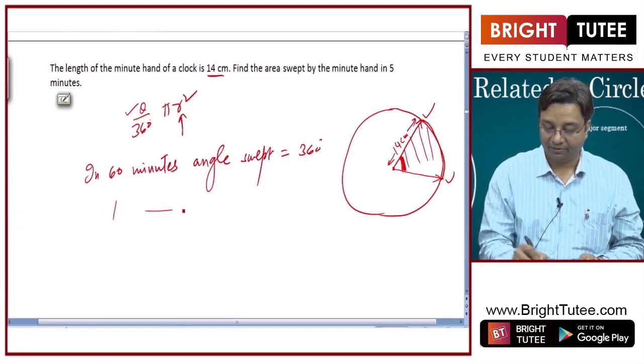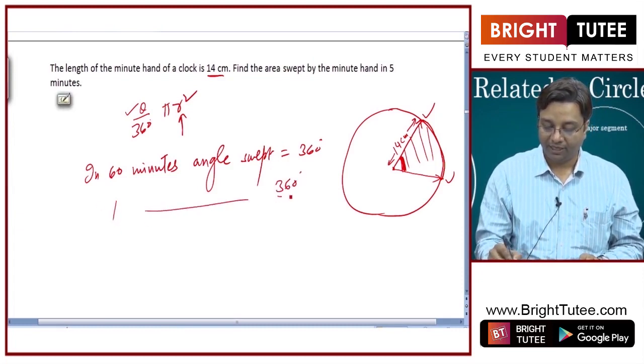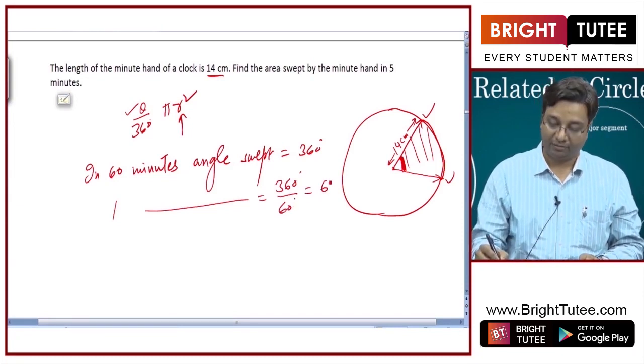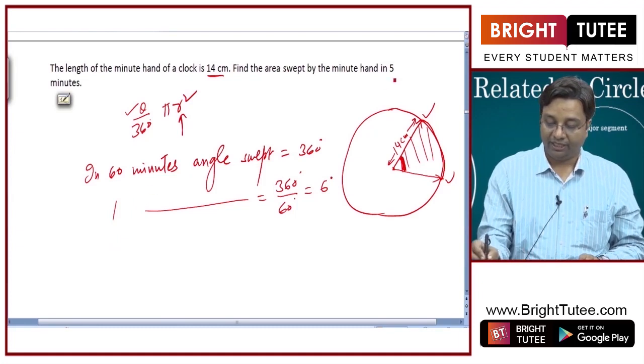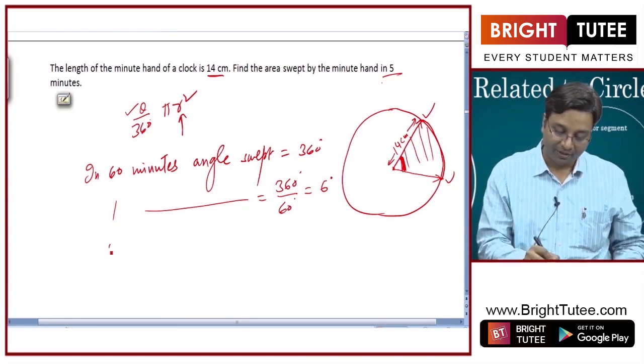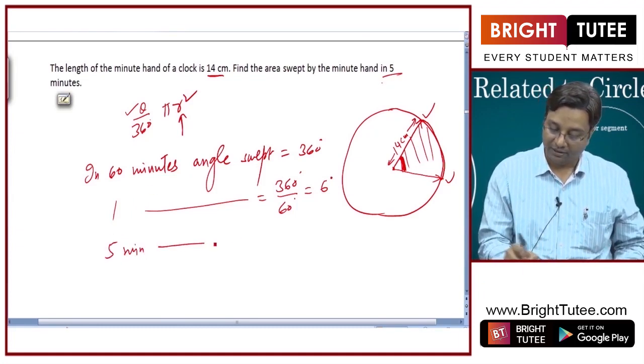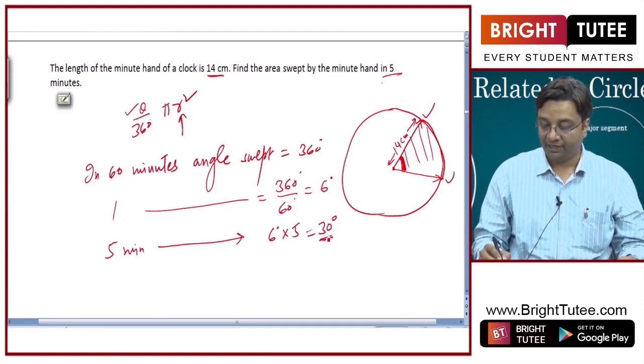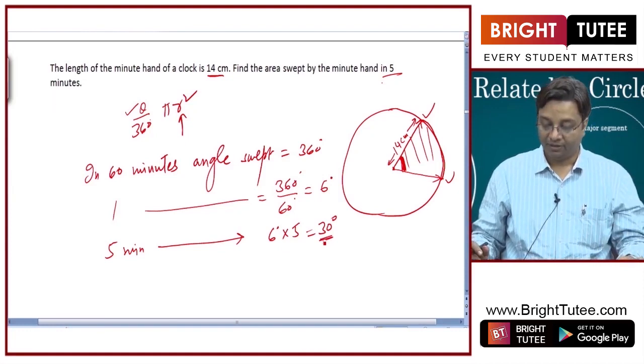So in 1 minute, it is 360 by 60. We have done this in introduction, so you should be very clear about it, 6 degrees. So we need angle swept in 5 minutes. So in 5 minutes, it will be 6 degrees into 5, which is 30 degrees, right? So now we know the angle made at the center, okay?